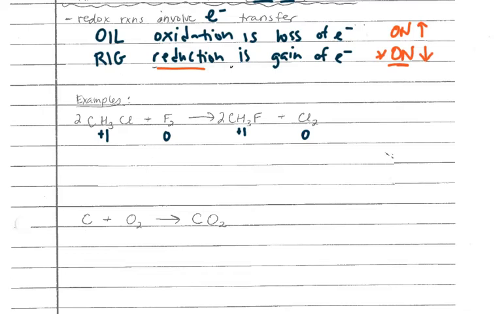Chlorine is a monoatomic ion. When it forms an ion, it has a -1 charge. So over here, it has a -1 charge. And fluorine also always has a -1 charge. That's rule number 4. Okay, and then carbon is the last one we've got to solve for here. So if we've got 3 plus and 1 minus, then to have an overall charge of 0, carbon needs to have a charge of 2.